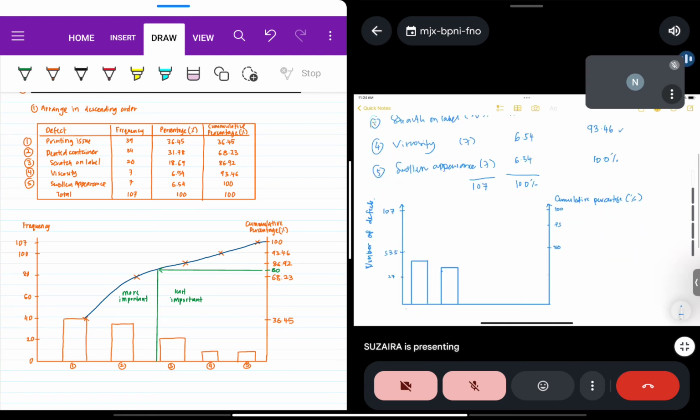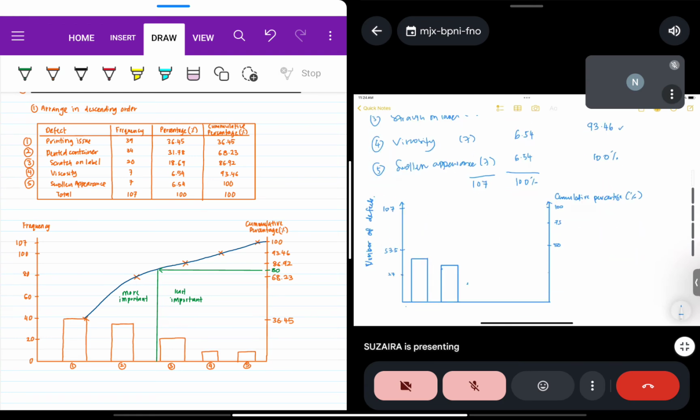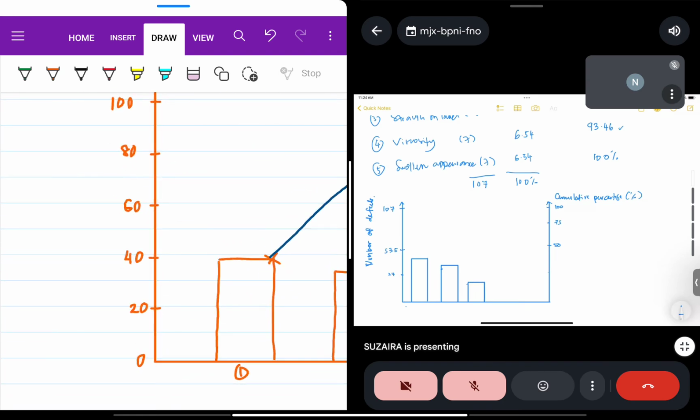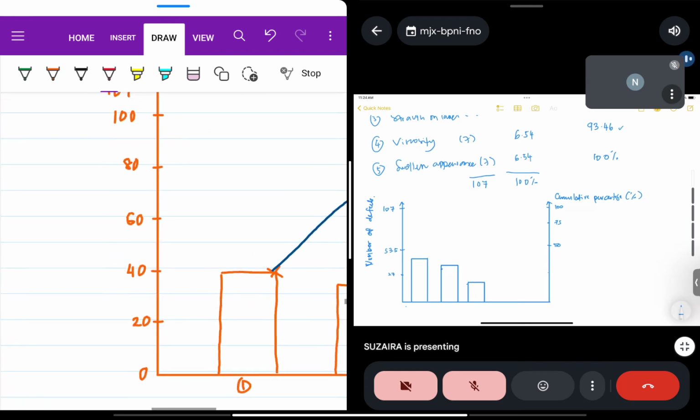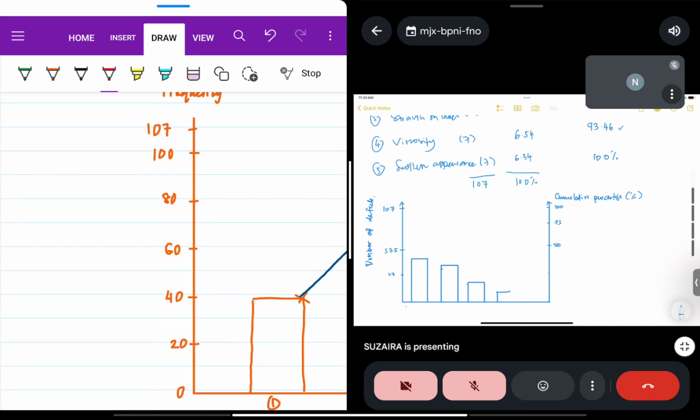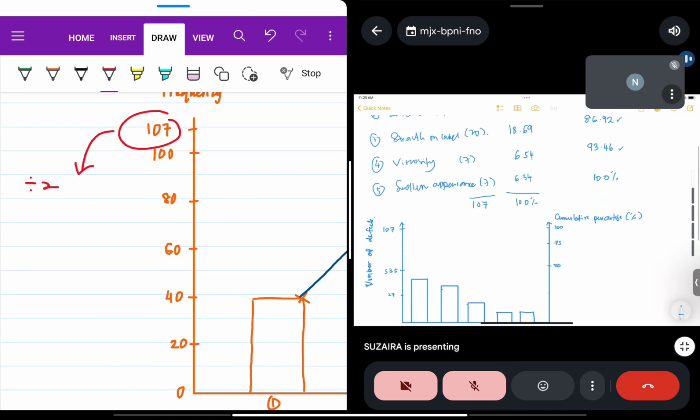And then 20. 7 and 7. Okay, more or less. So label them.